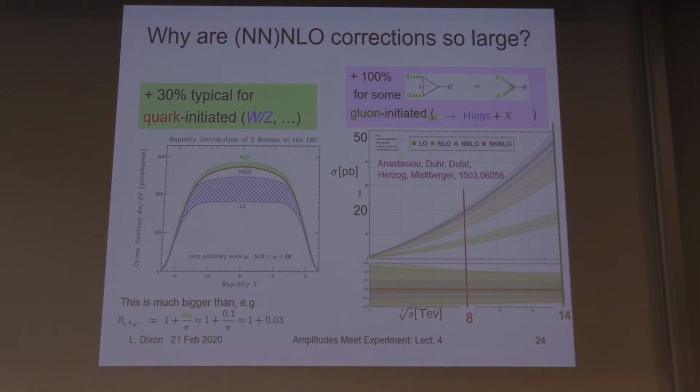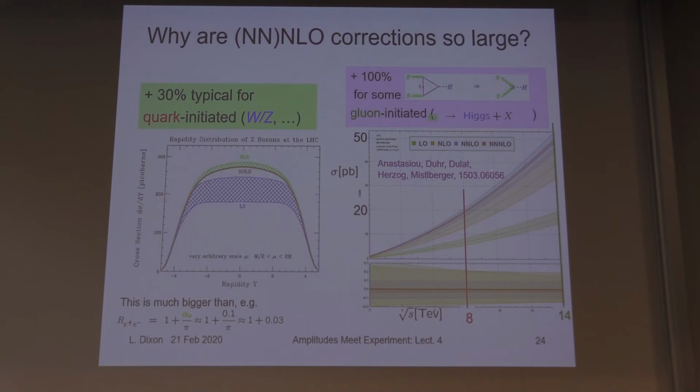This was the Drell-Yan or Z production case. Over here is Higgs production. Higgs production is even worse in some ways. It has a leading order behavior here, and so the cross-section here is somewhere around 8, and the final result is about 100% larger.